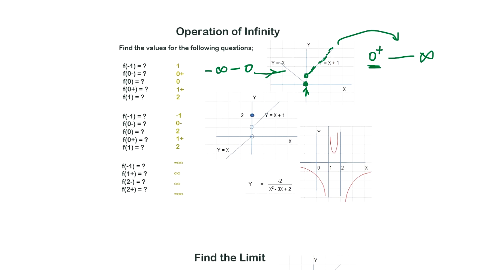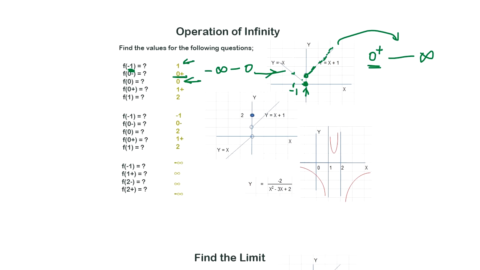So if you say f of negative 1, which is here, then it's 1. f of 0 minus, an infinitesimally small negative number, is going to be 0 plus. So if x is 0, sure, it's a definite value.